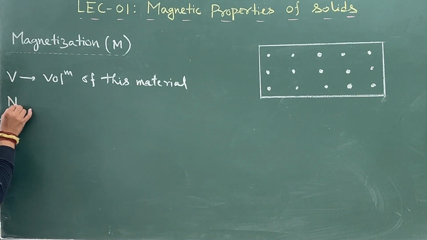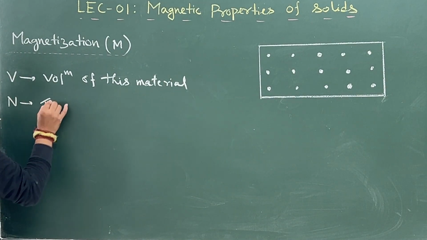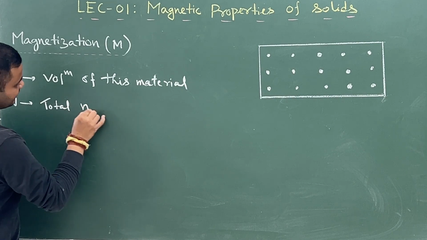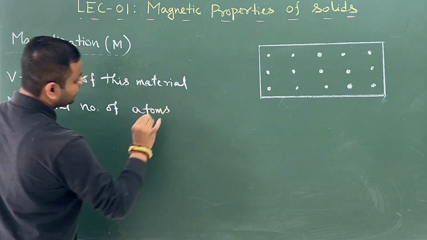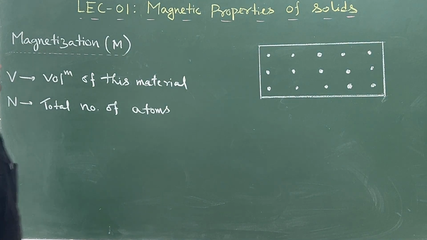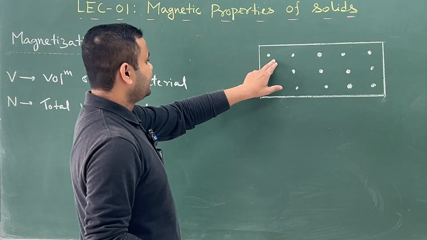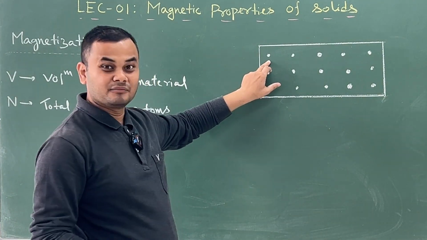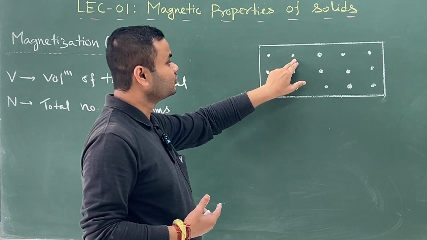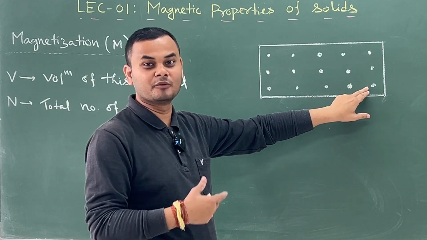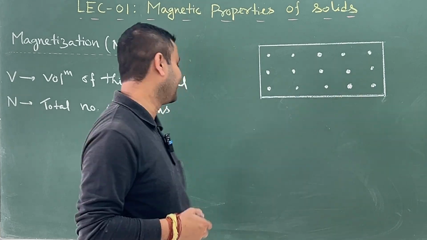So here capital N represents total number of atoms. And also we assume that the magnetic dipole moment of first atom is mu1, similarly magnetic dipole moment of second atom is mu2, and magnetic dipole moment of nth atom is mu n.